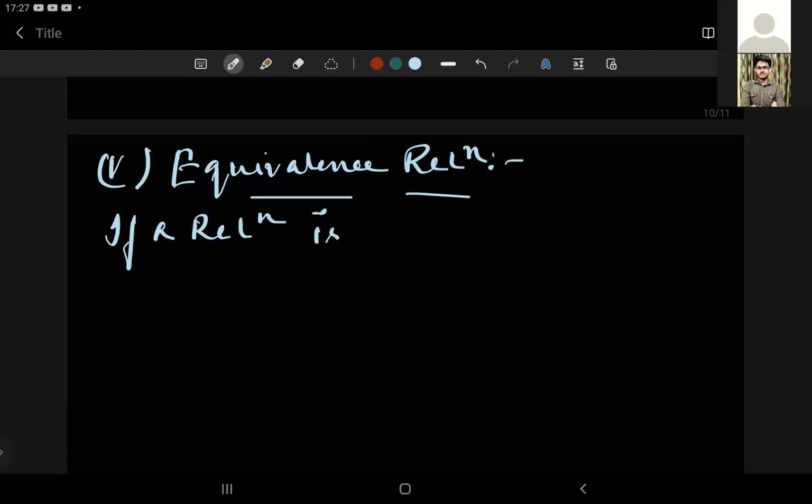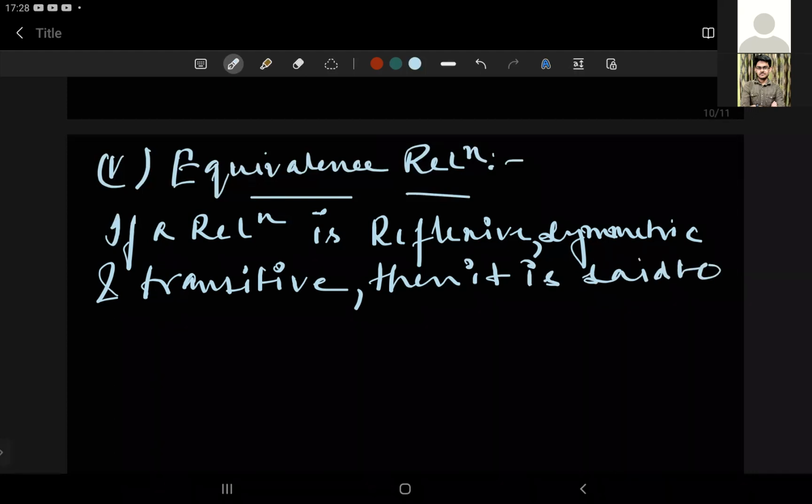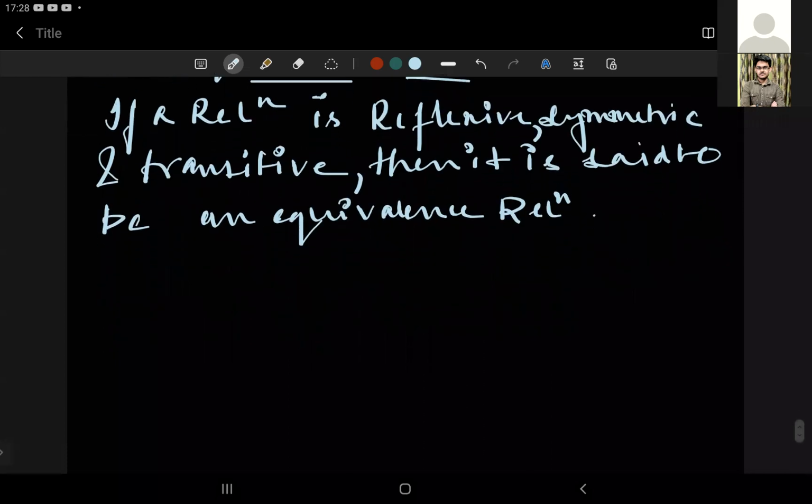If the relation is reflexive, symmetric, and transitive, then it is said to be an equivalence relation.